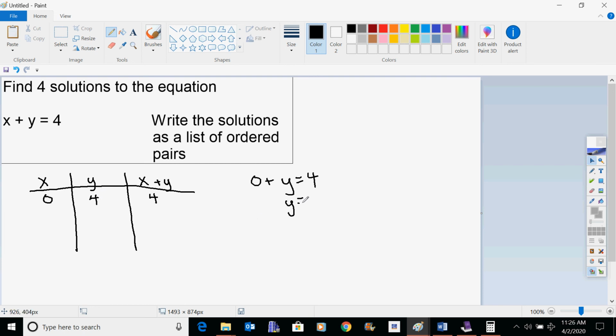So y equals 4. Over here, I'm putting in a 1. So I'm looking for 1 plus what number equals 4. So 1 plus what number obviously is 3.